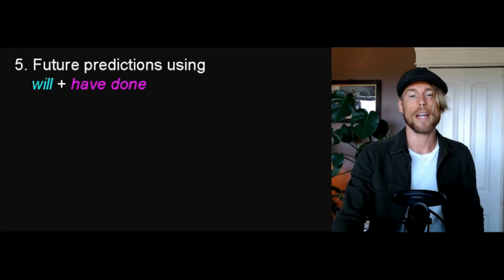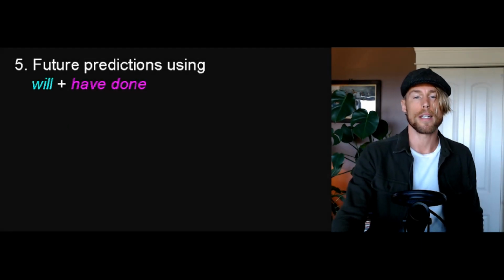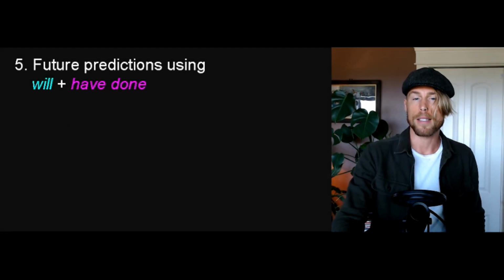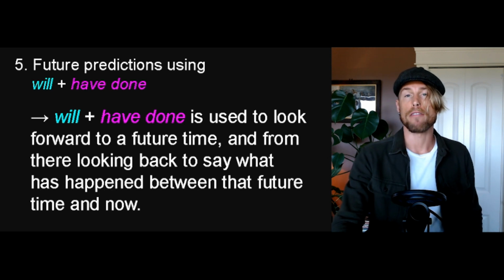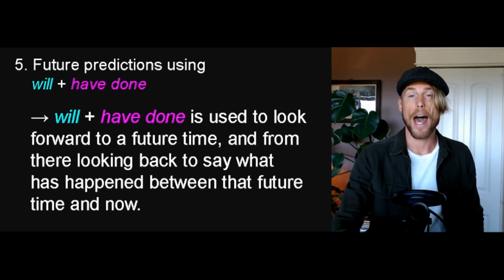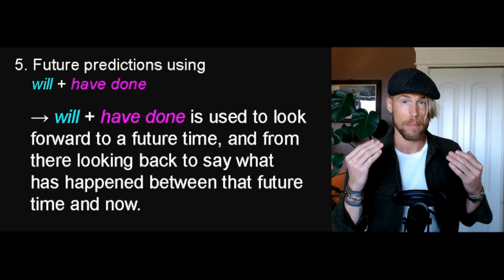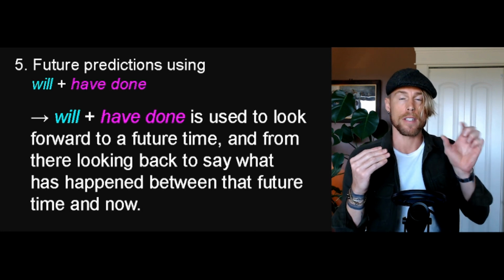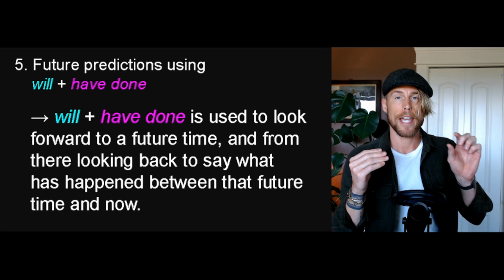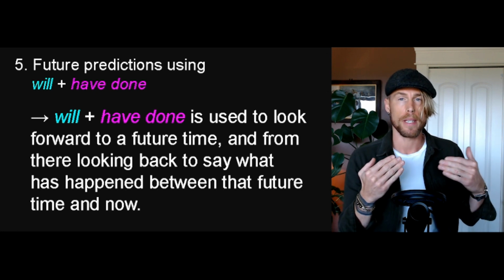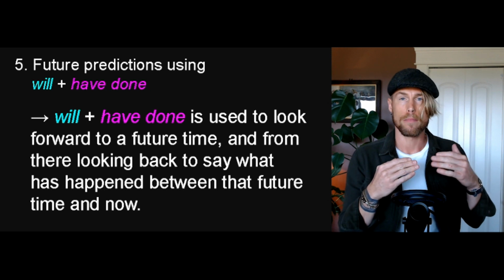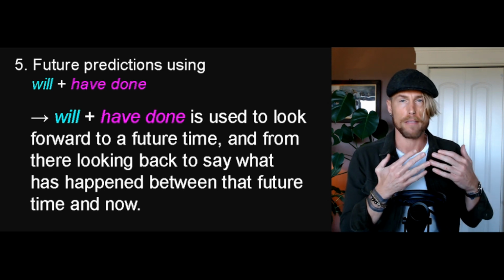So we're going to look at future predictions using will plus have done. So will plus have done, so have plus past participle, and the done or do can be any action verb. So it doesn't need to be do. It can be action verbs, play, right?